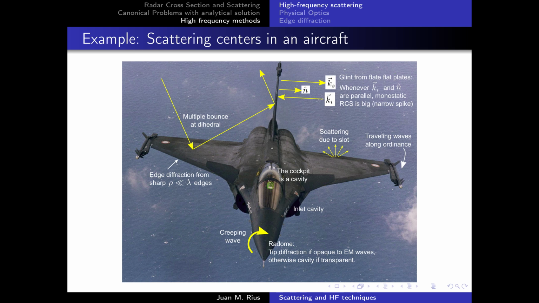Multiple diffraction reflection is, for example, here we have reflection at a surface, then it goes to the leading edge of the vertical stabilizer and produces edge diffraction here. So we have multiple reflection and diffraction. So this is a secondary effect that is taken into account by some commercial software, but not by my own.